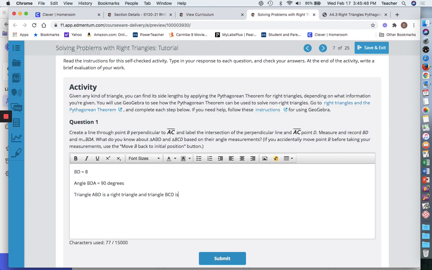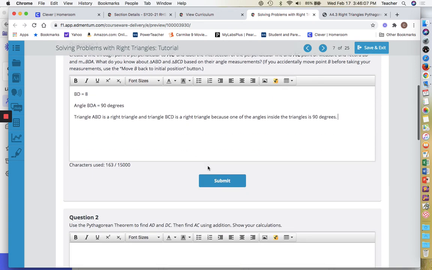BCD is a right triangle because one of the angles inside the triangle is 90 degrees. All right, so it looks like I'm done with question number 1.